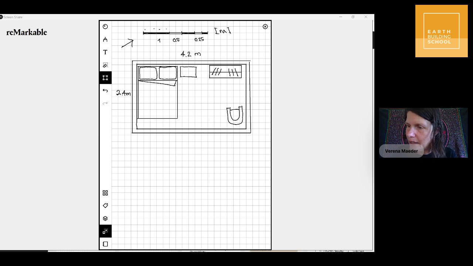So let's say I have a window here. Wait, I need to draw up.